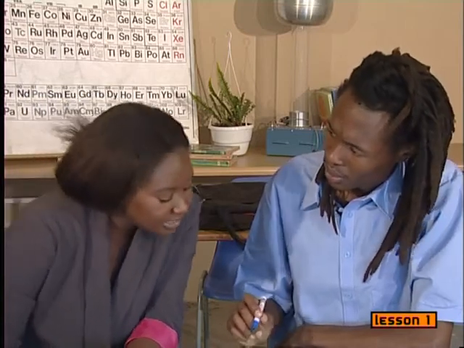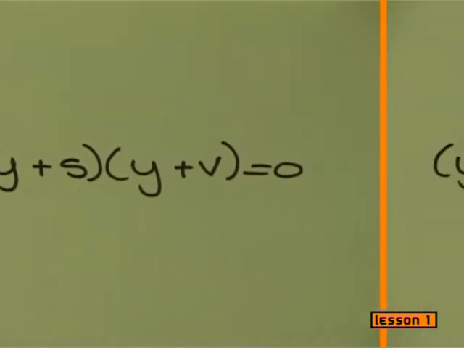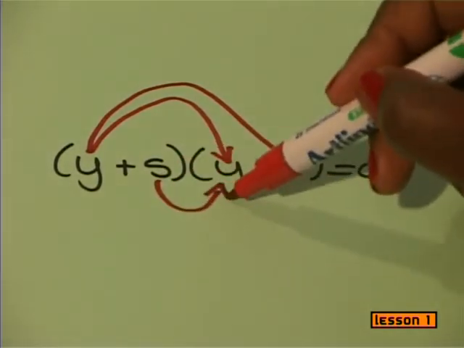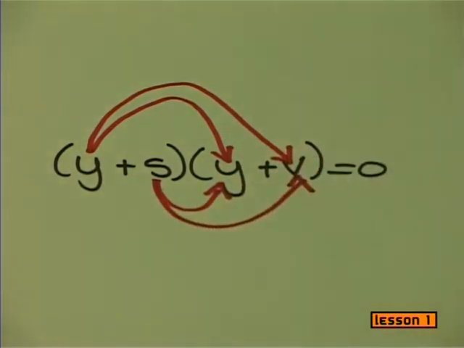All right, let's have a look then. We'll use a generic example using placeholders for the variables for now. Do you agree that if we multiply the brackets out and collected like terms, it would give us a quadratic equation in standard form? Yes, that's right.